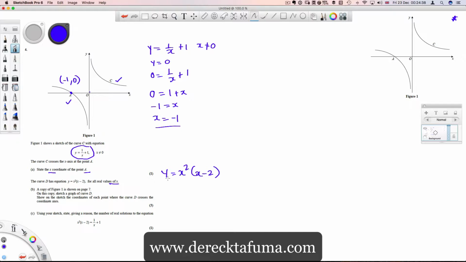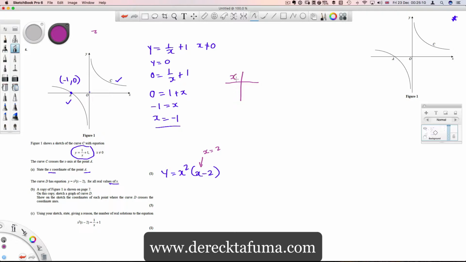So if I've got y equals x squared (x minus 2), I've got to look at that equation and realize that if we make x equal to 2, then 2 take away 2 is 0. Okay, so let's just draw a little table.